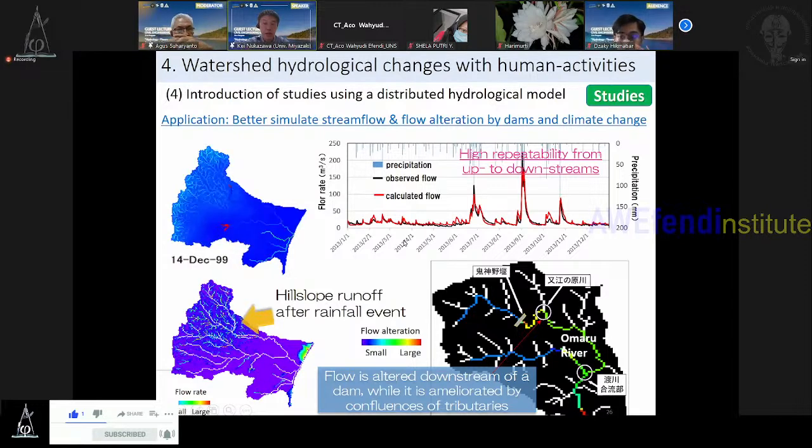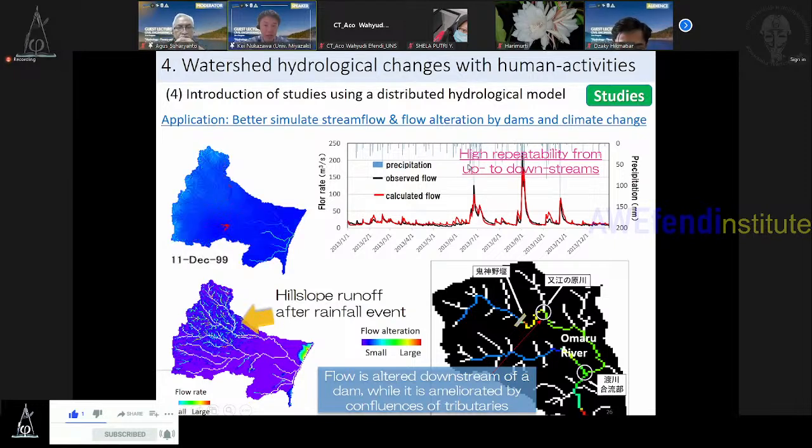And the accuracy of the distributed model is verified here. This is actually the test for one year. In this year, there were some flooding events that the hydrological model accurately predicted. And not only flood events, but the flow rate at normal condition is also fine.